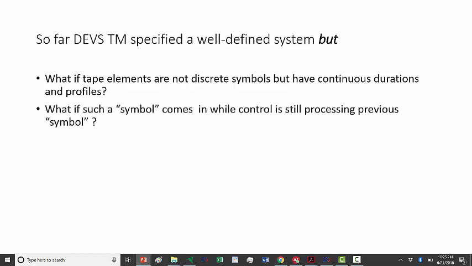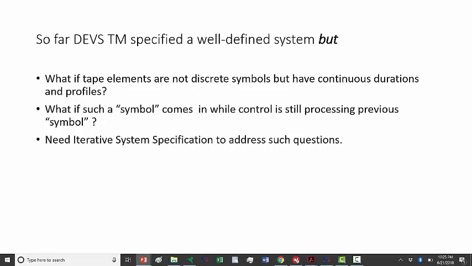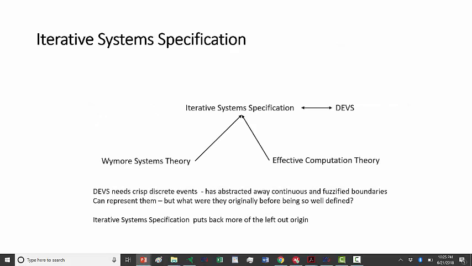Also, what if a symbol comes in while a control is still processing a previous symbol? Because these are not discrete, we can have overlap, and we really don't have any way of expressing that within the discrete event context as such. So we need iterative system specification to address such questions.